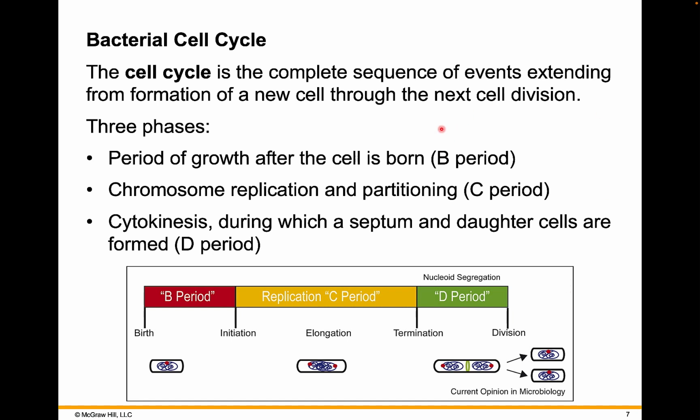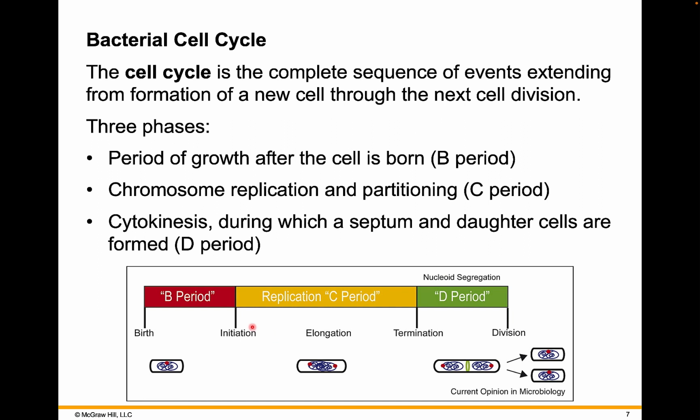The cell cycle is a complete sequence of events which extends from the formation of a new cell to the next, and it contains three different periods. The B period is when the cell is born, so birth. At the end of the B period, we have the initiation of replication, or the C period, C for chromosome replication.